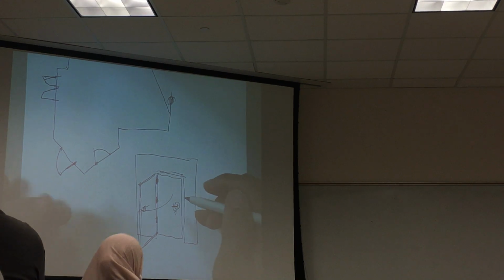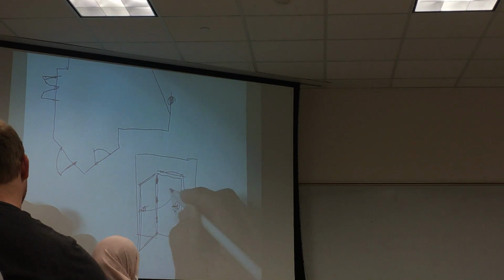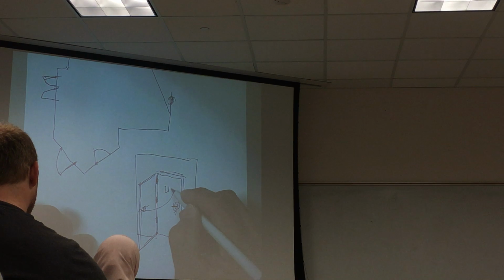Now you might say, hey, show me the transformation in order to show my door, assuming the original door you have used here.